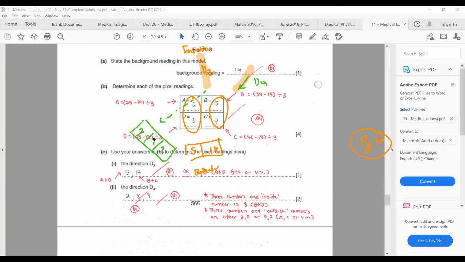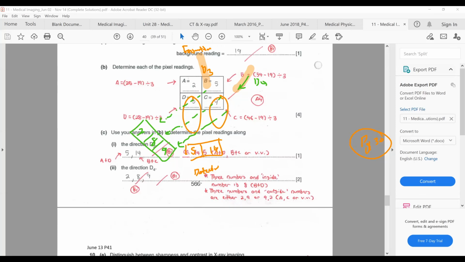And then you're talking about this one going to here. This one will be 5 plus 3, giving you 8. And then lastly, this one here will be giving you 9. So your detector reading along direction D4 will be 2, 8, 9. Okay, so 5, 14 and 2, 8, 9.